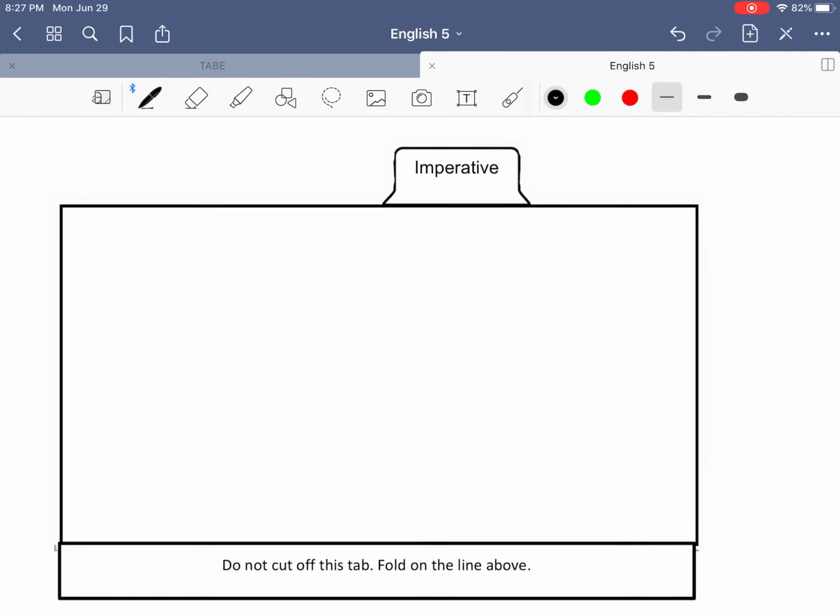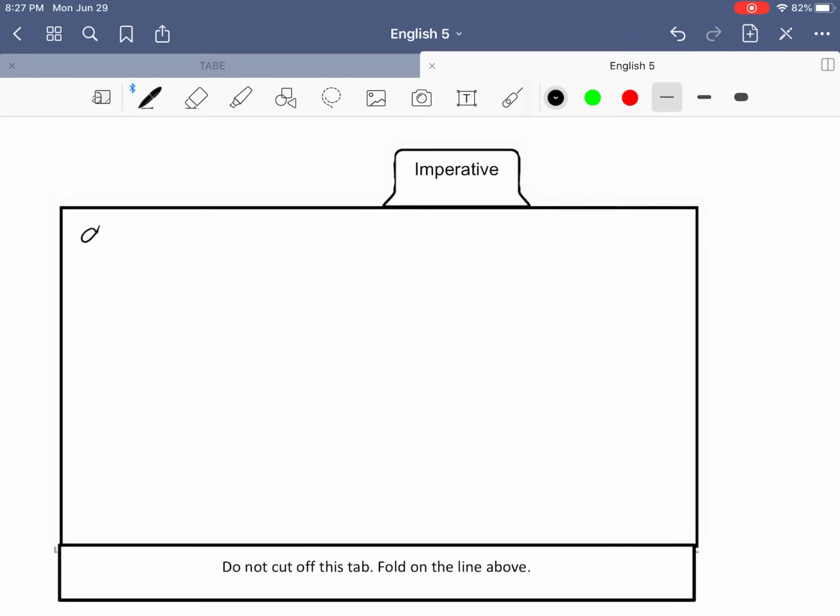An imperative sentence is a command. Its subject is understood to be you.